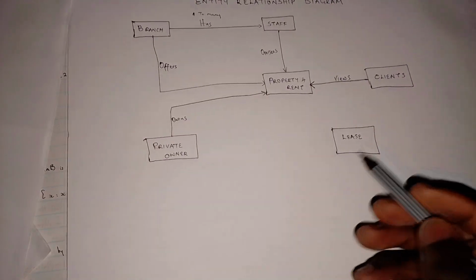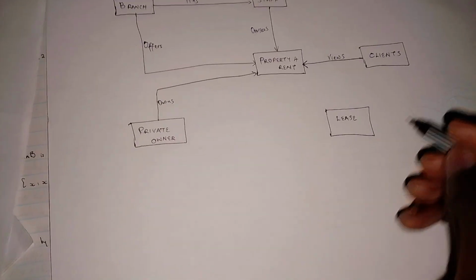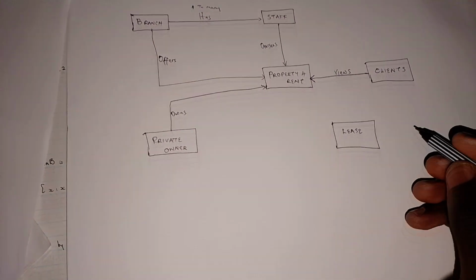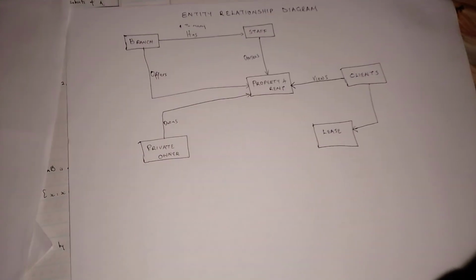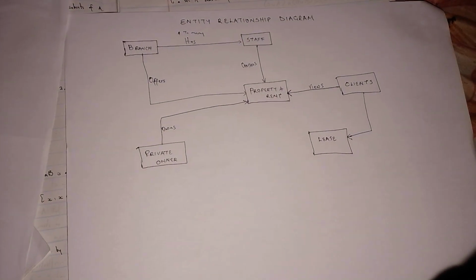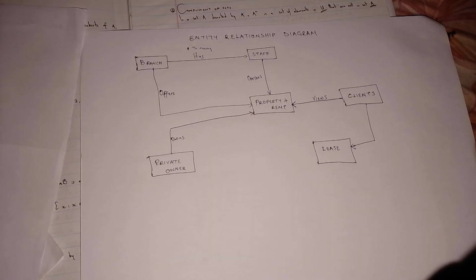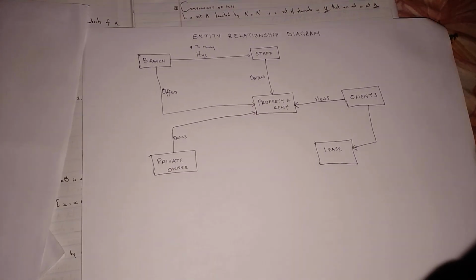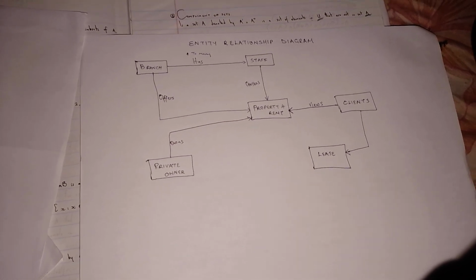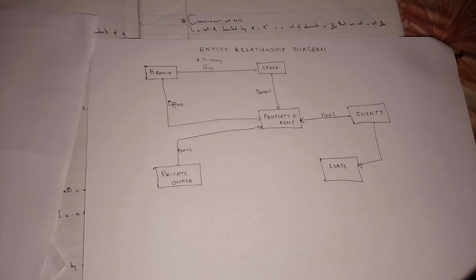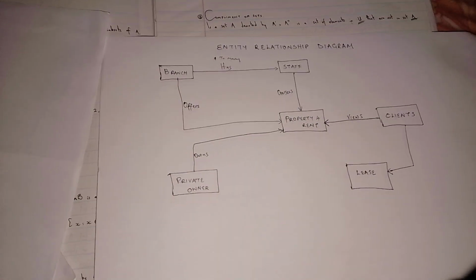Then, talking about the lease, who holds the lease? The person or entity that holds the lease is the client. We said earlier that the lease is an agreement by two parties, where one party agrees to permit the other party to use their property and make regular payments.